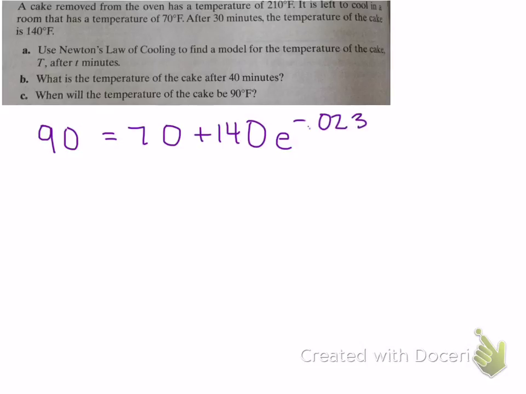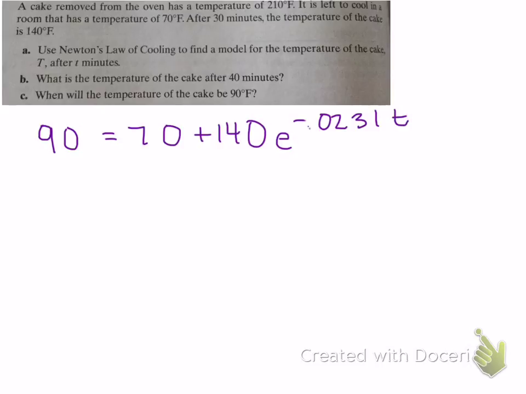So for the last one, letter C, it says, when will the temperature of the cake be 90 degrees? So now they're giving us a temperature, so now we're going to plug that in for big T. 90 equals 70 plus 140 e to the negative 0.0231t.